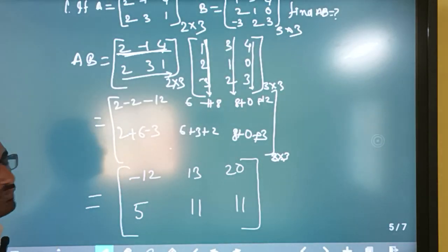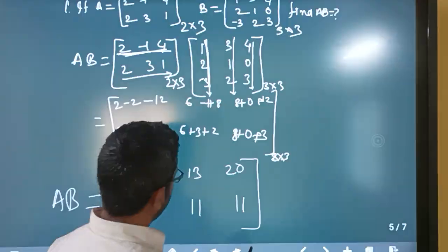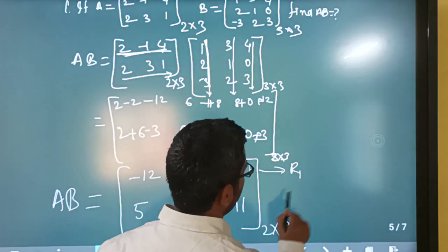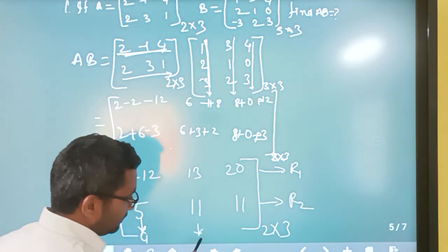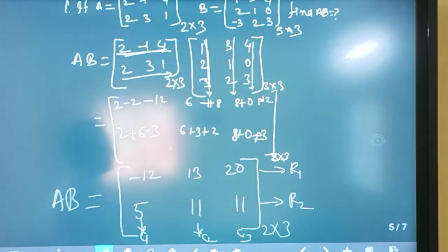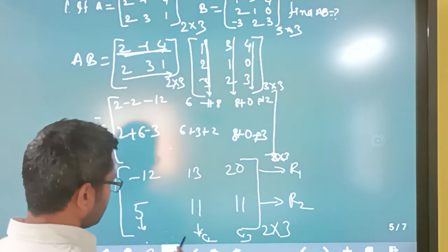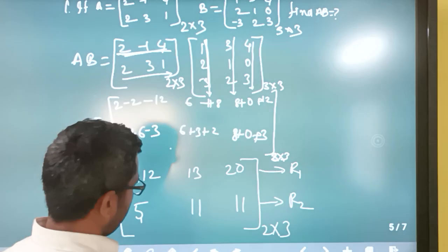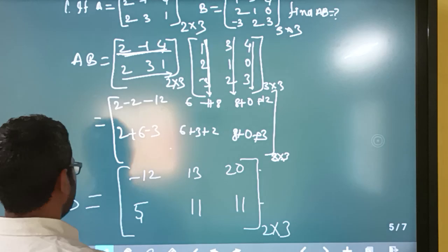That is the final product of A and B. The order is 2 cross 3: there are 2 rows, R1 and R2, and 3 columns, C1, C2, C3. So we can find the order simply: 2 cross 3.